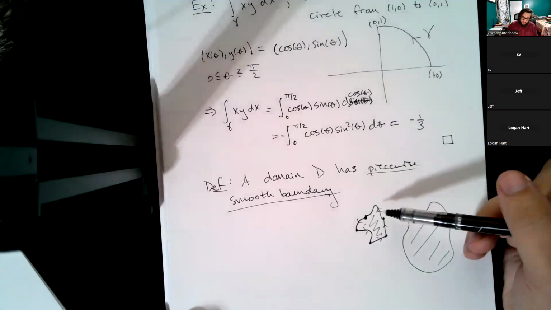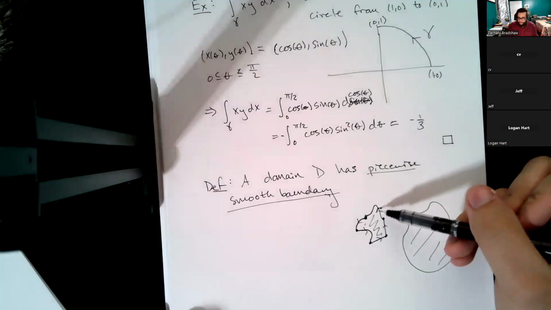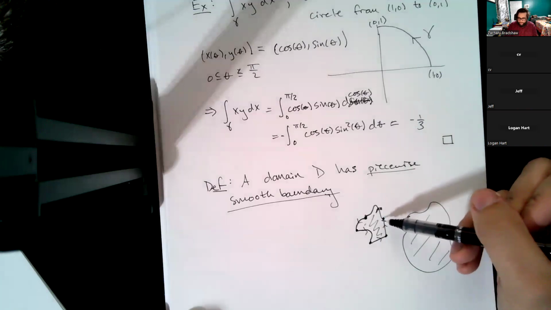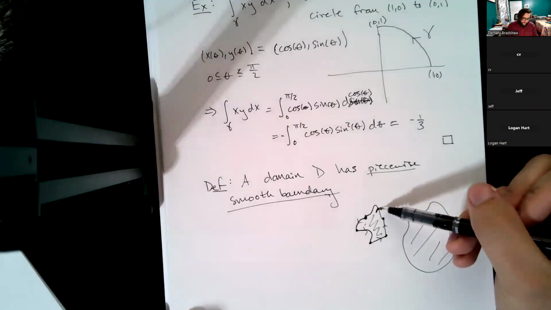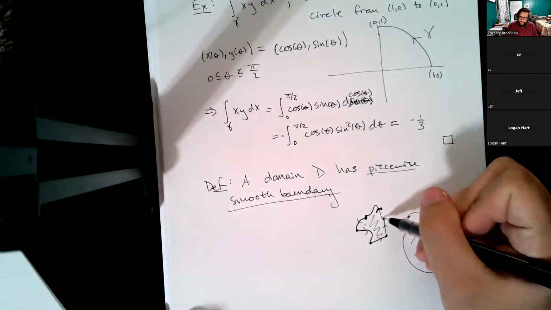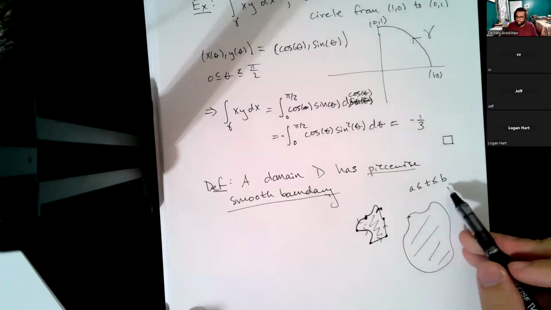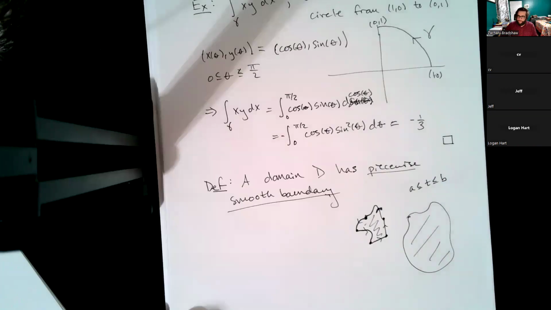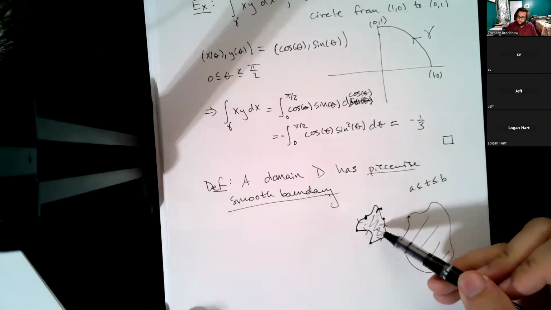I need to tell you about orientation here. So we choose the orientation. You notice that I could have drawn the arrow this way, or I could have drawn it in the opposite direction. What we're going to ask is that when we traverse the curve in the positive direction, as if I have this parameterization, as I go from A to B, as I travel in that direction, what I want is for D to be on the left side of the curve.